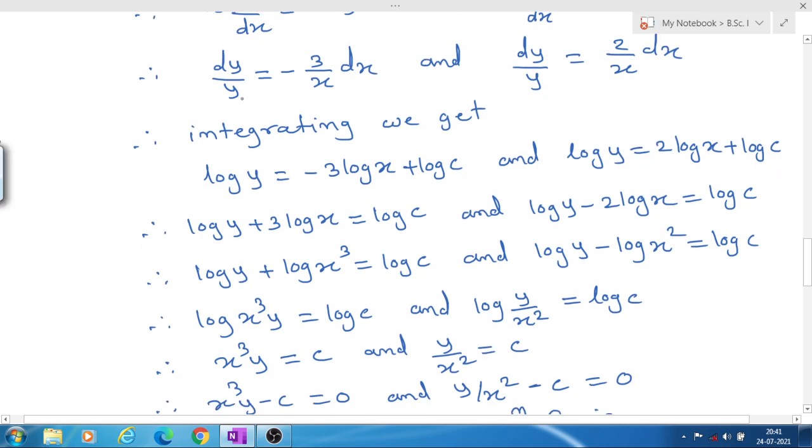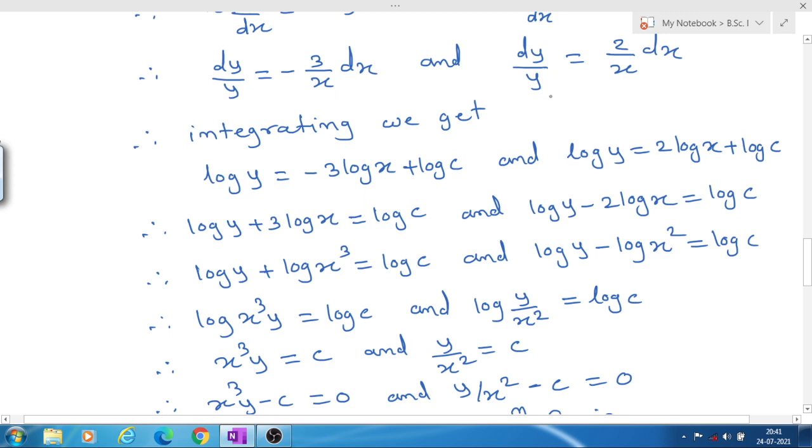So integrating dy upon y, we get log y is equal to integrating this 3 upon x, minus 3 is constant and the integral of 1 upon x is log x, therefore minus 3 into log x plus the constant of integration. Since here two terms are logarithmic, we take the constant as log c.